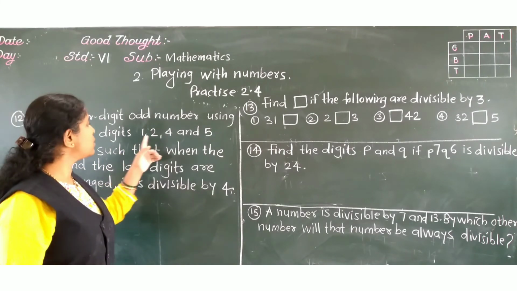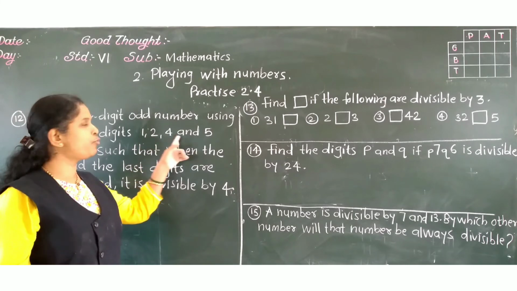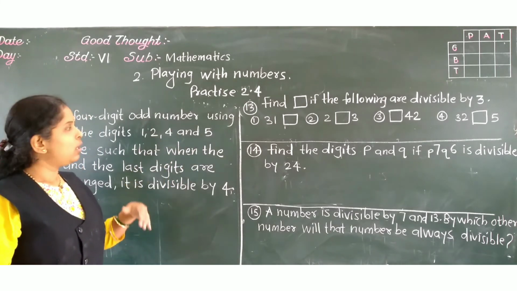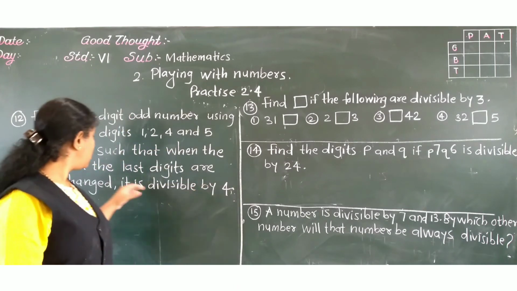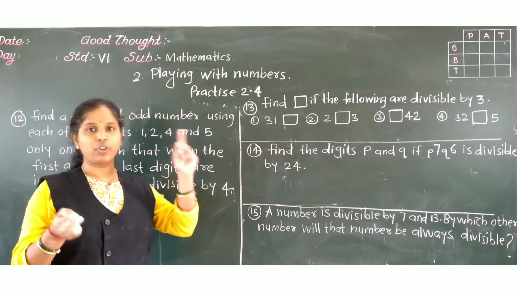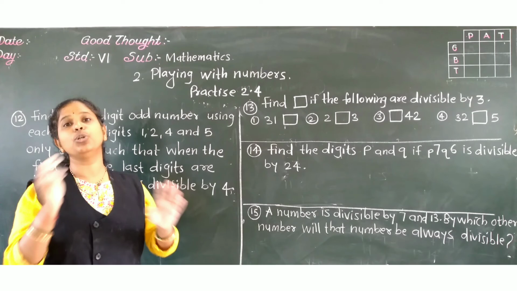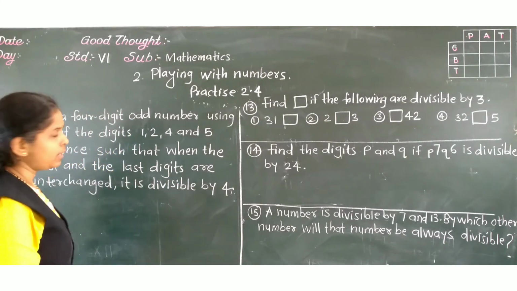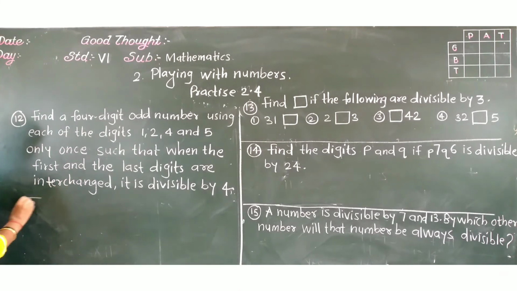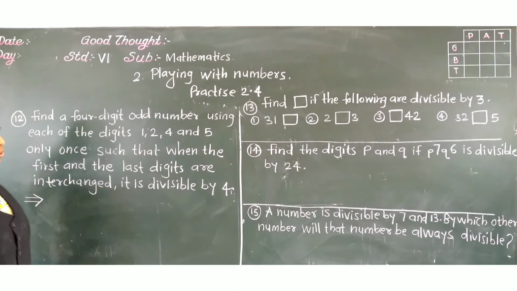Second, these only digits we have to use: 1, 2, 4, 5. And again third condition, we have to see after interchanging first and the last digit, it should be divisible by 4. Okay. So what should be that number? The answer you can write your own also.